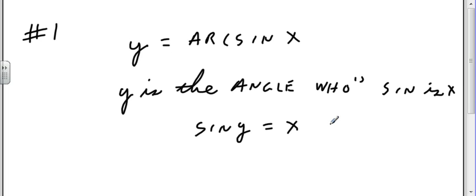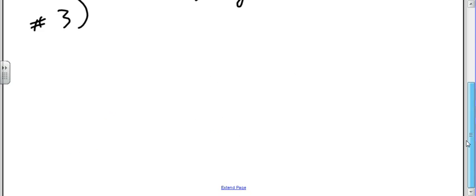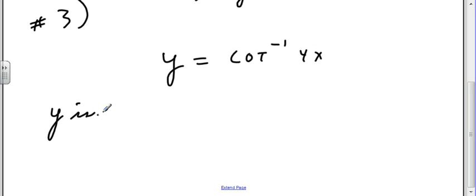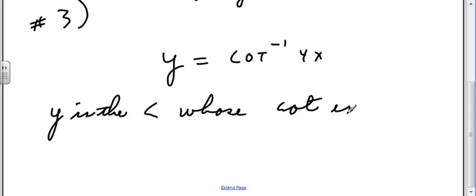All right, so I'll do it again. I'll look at number 3, and I have y is equal to the arccotangent of 4x, and I say, well, y is the angle whose cotangent is 4x.